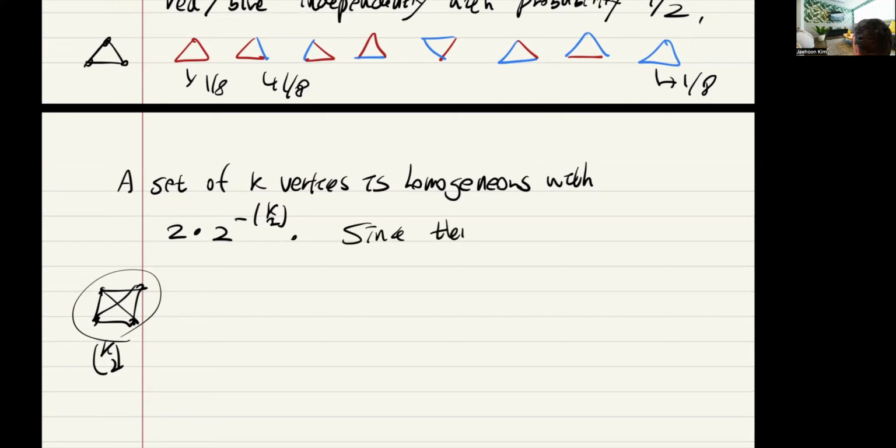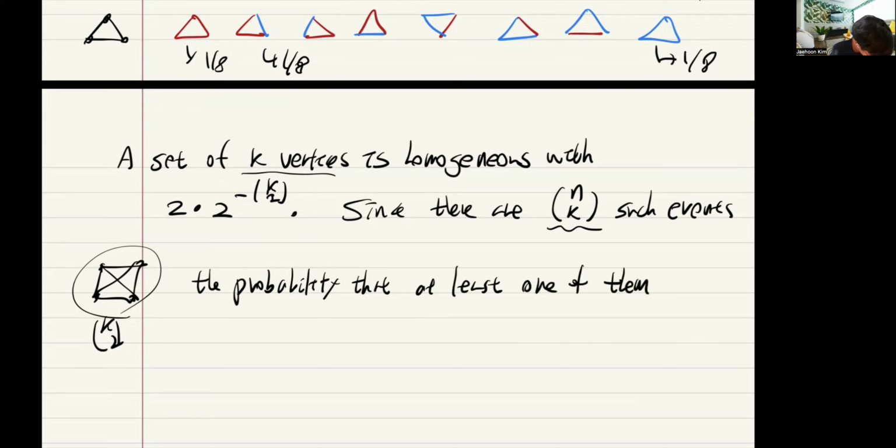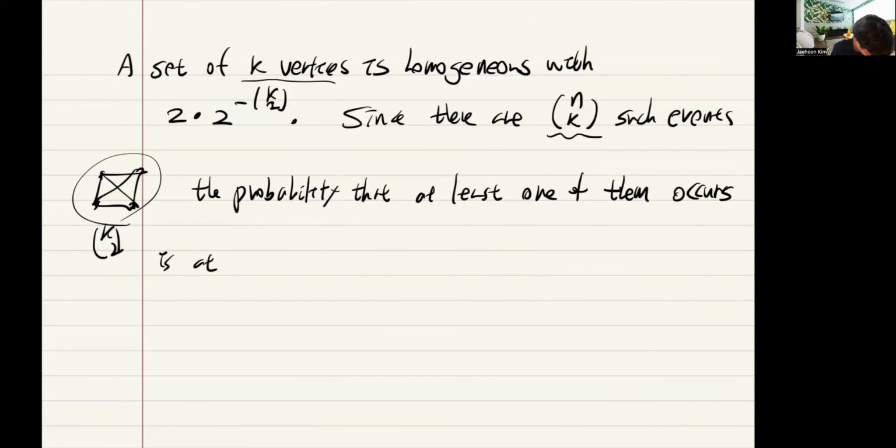Since there are n choose k such events, the choice of k vertices out of these n vertices, the probability that at least one of them occurs is, by the union bound, at most n choose k times 2 to the power of 1 minus k choose 2.